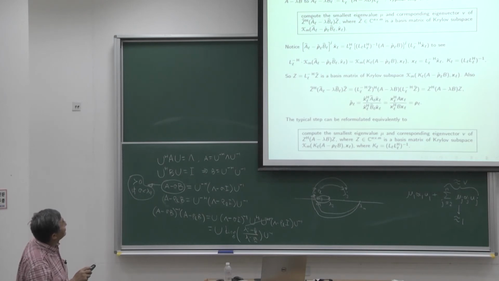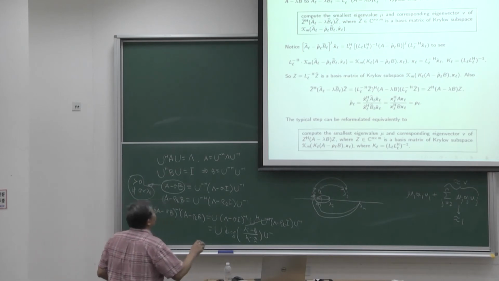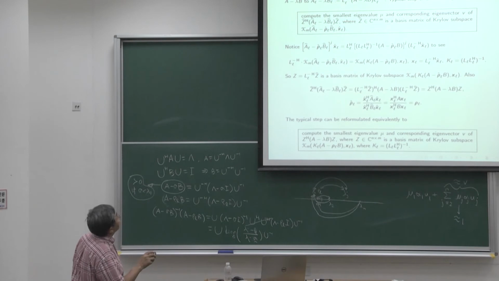Each vector in the Krylov subspace with a hat would be this vector, A hat minus rho L B hat. Then you look at the relation between hat and no hat. In terms of A, you plug that in, and you take L out. If you apply the inverse here, the L is going to be canceled.